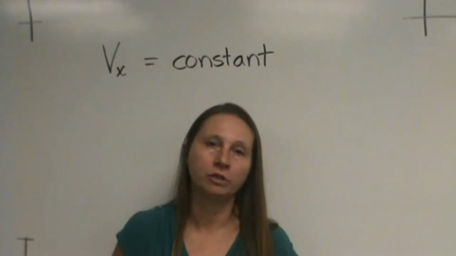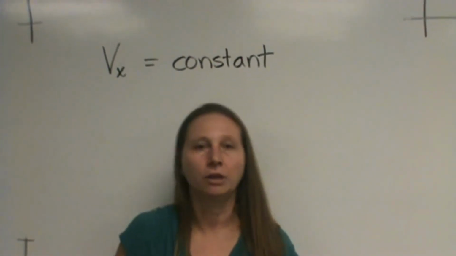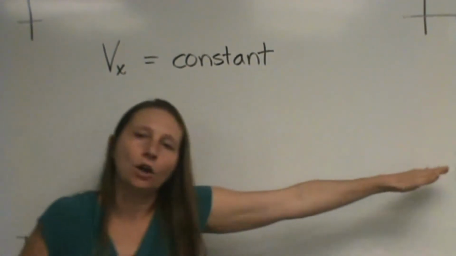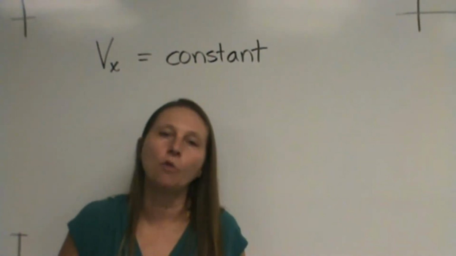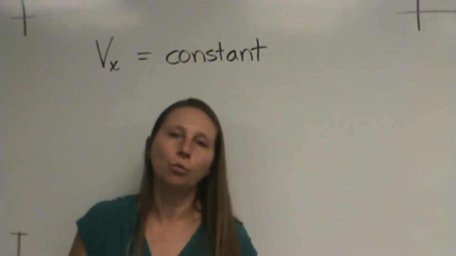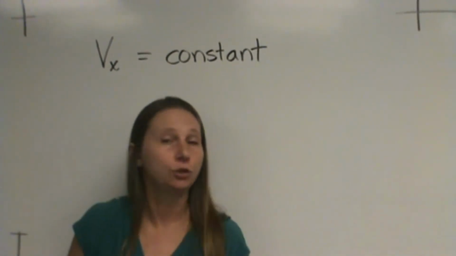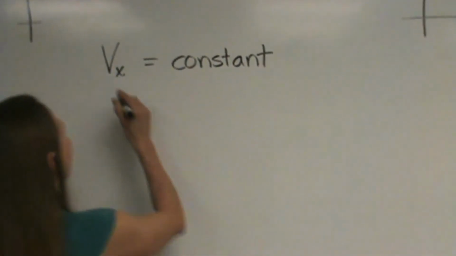Therefore, since ax is 0, the horizontal velocity stays the same from the time it leaves the tabletop, the cliff top, the top of the building, leaves the pitcher's hand, etc., till the time it hits the ground.